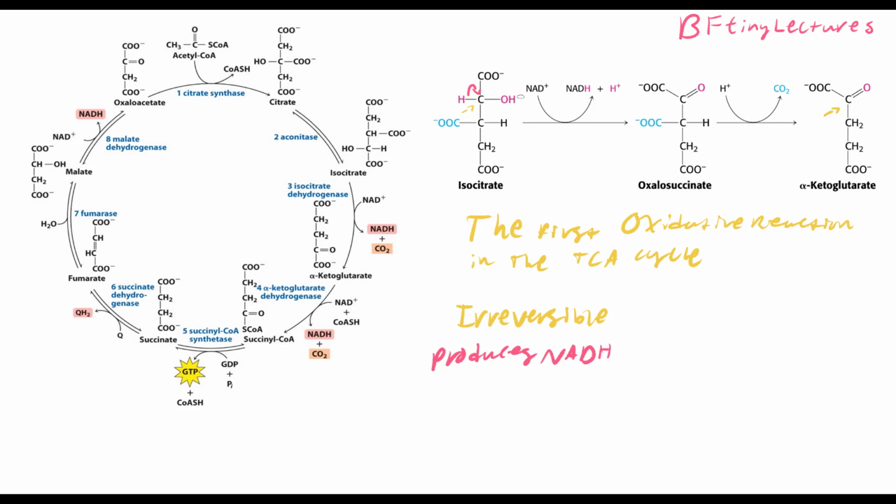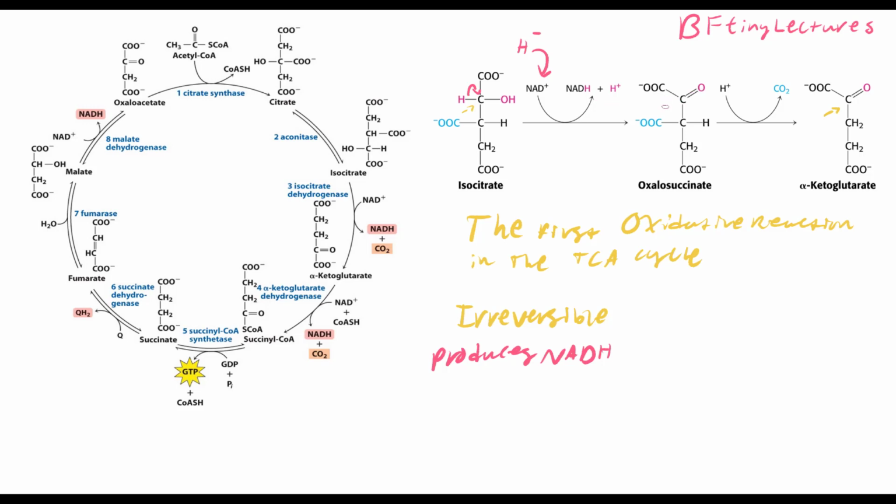Whenever NAD comes in contact with isocitrate, the hydrogen is really reactive and leaves the carbon as H negative, meaning a hydride ion, not very common, but it happens. It attacks this NAD right here, and that forms NADH.